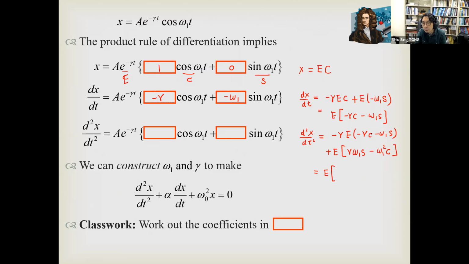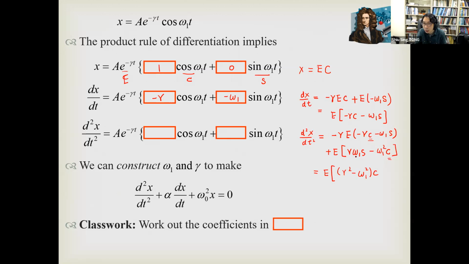Now let's tidy it up. For the coefficient with the cosine, I have gamma square here, right? The minus sign cancels, I have gamma square. Here I have minus omega 1 square. That goes with the cosine. And for the sine term, what do I get? Minus gamma multiplied by minus omega 1 is just gamma omega 1.